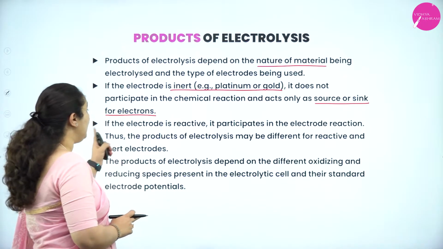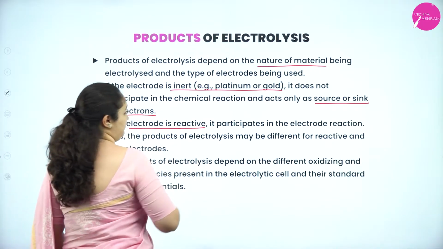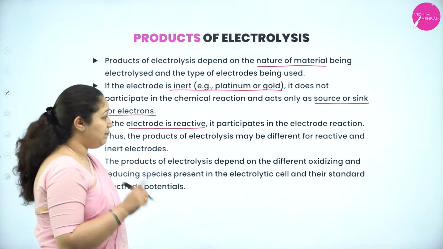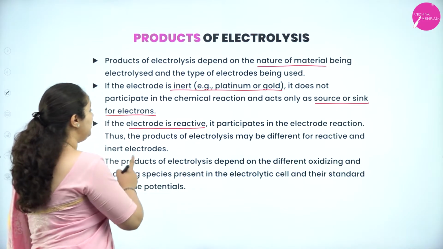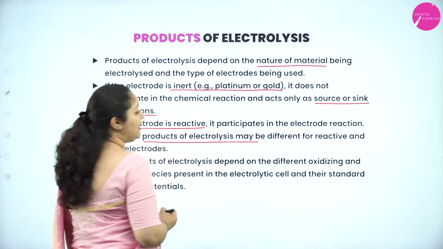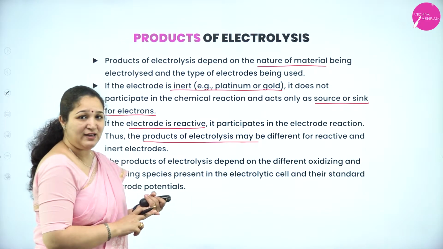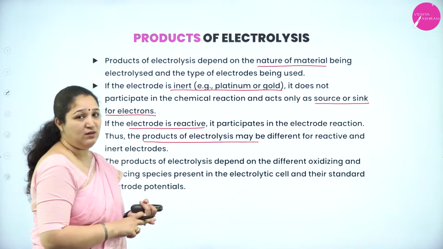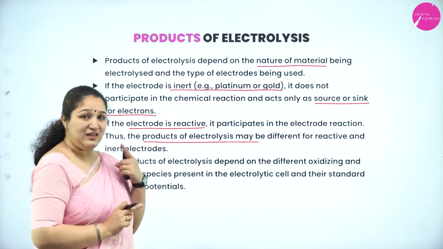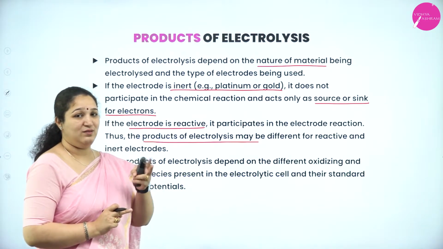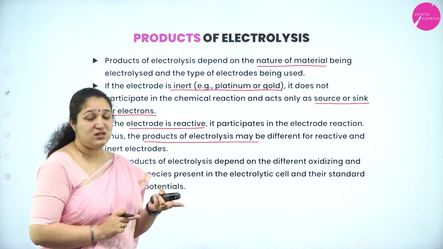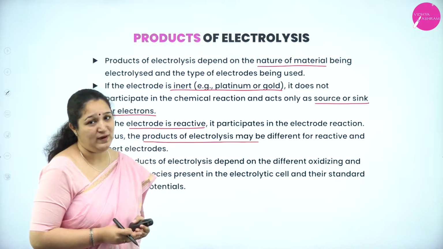Now by chance, if the electrode is reactive, it participates in the electrode reaction, thus the product of electrolysis may be different when we use a reactive electrode or when we use an inert electrode. So the type of electrode can be the main reason for the difference in the product of electrolysis.